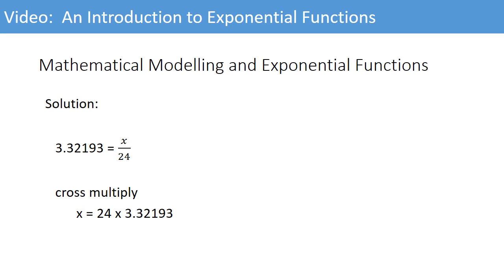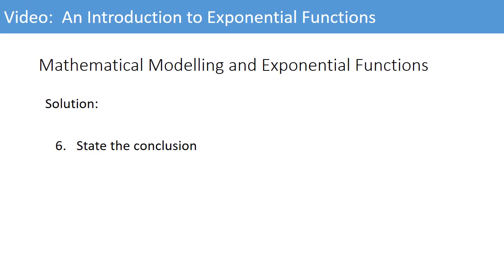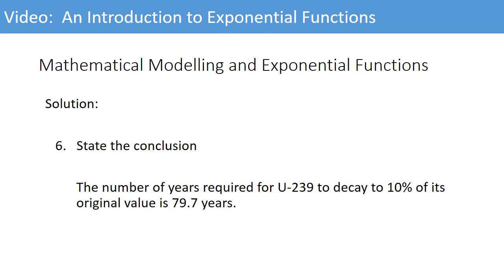X is equal to 24 times 3.32193, which gives us 79.726. So what does that tell us? It tells us that the number of years required for the sample to decay to 10% of its original value would be 79.7 years.